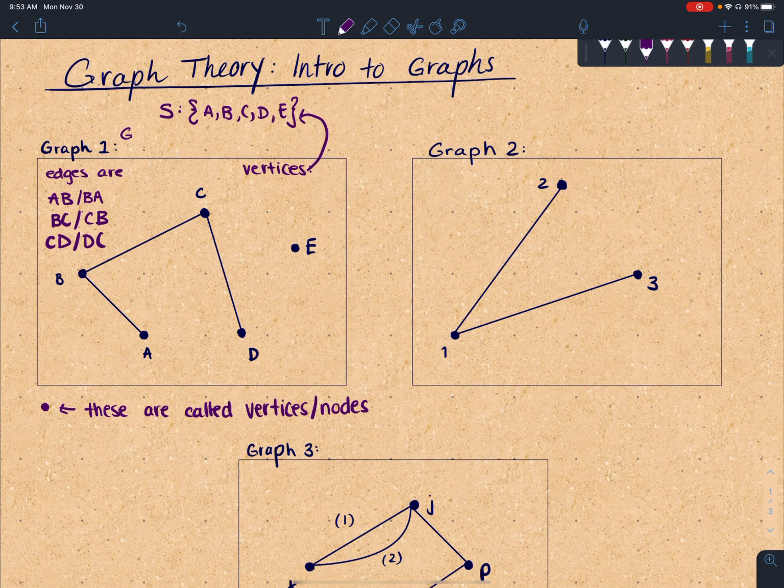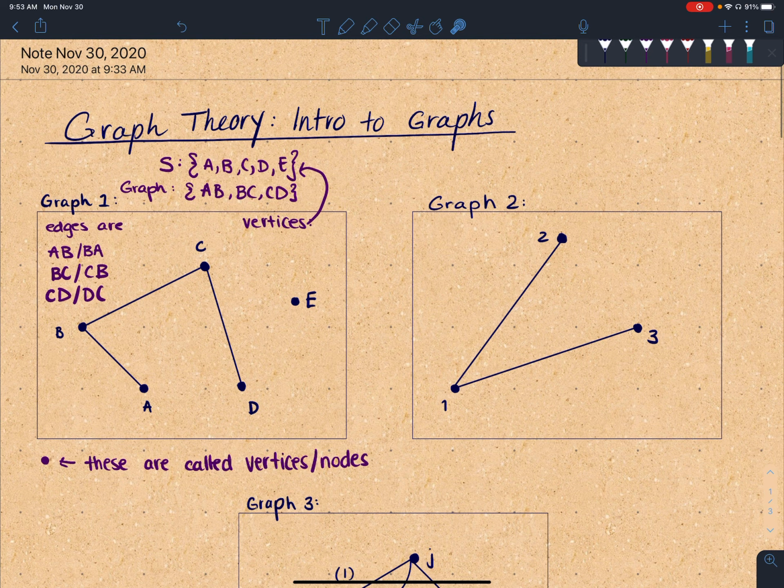And then to describe our graph, we list all of our edges: AB, BC, CD. So you can have an idea of what the graph looks like just by looking at this, because it tells you I have 5 vertices and 3 edges. So I know that there's going to be 3 connections. I know that there's going to be one left out on its own since E is nowhere listed in these connections. So that's a way that you can describe your graph.